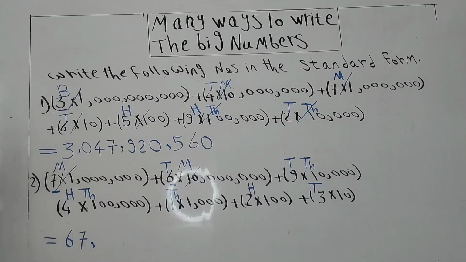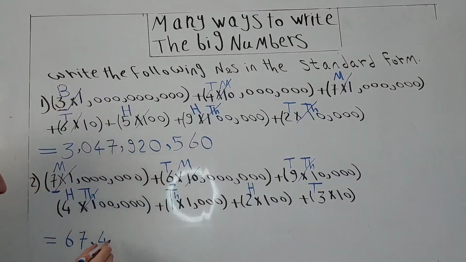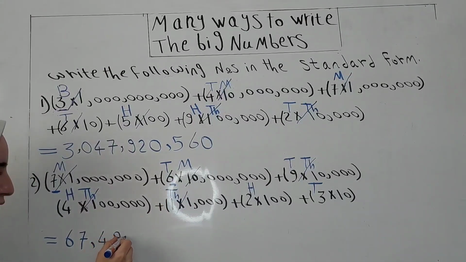The next higher place is 100,000. We found 4, so we write 4. The next higher place is 10,000. We found 9, so we write 9. The next higher place is 1,000. We found 1, so we write 1. We finish this family, so we make commas.